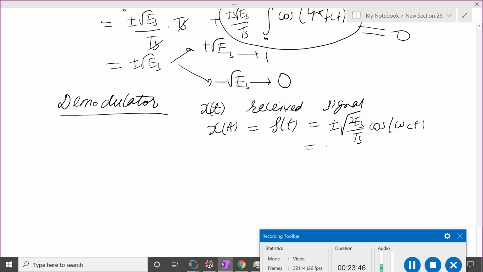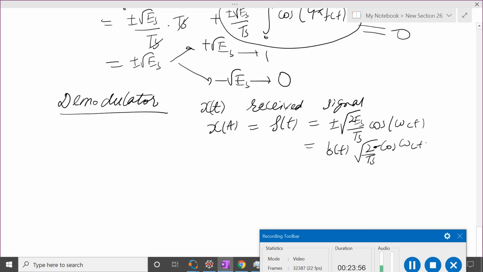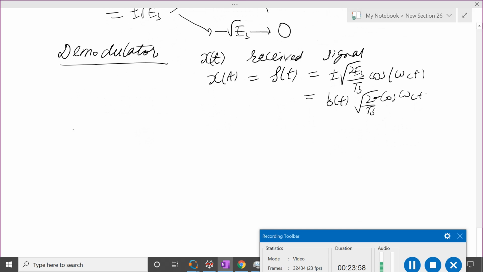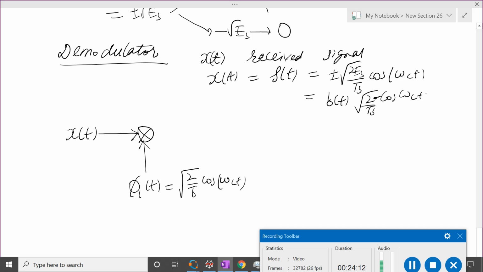You can also represent it by b of t times root of 2 by TB cos omega ct. Okay, so what you first do is you take this x of t, you multiply it with the carrier, that is phi 1 of t. That is what we did in the modulation first.